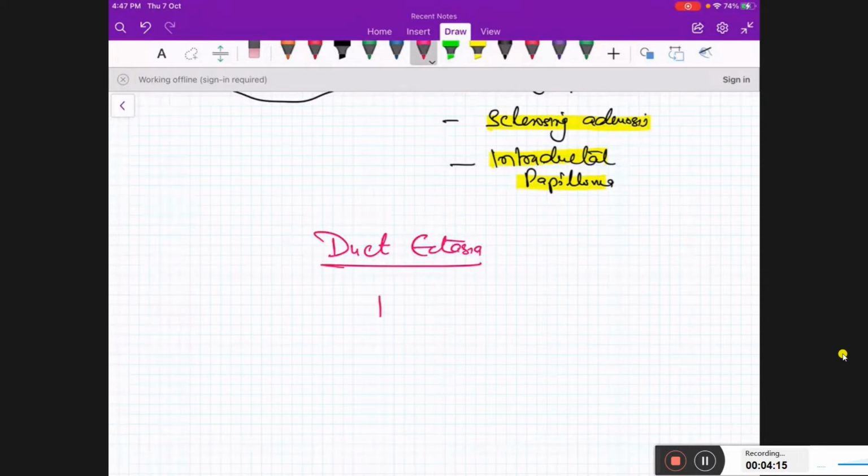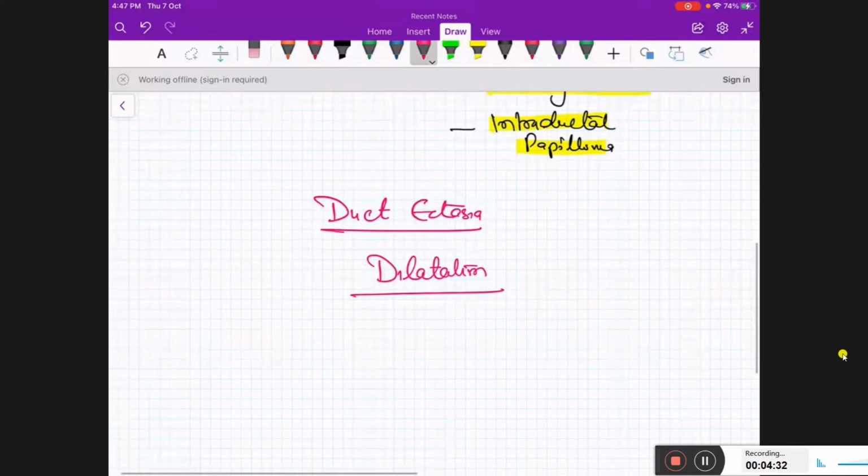Ectasia means dilatation. So, what is dilated here? Duct.